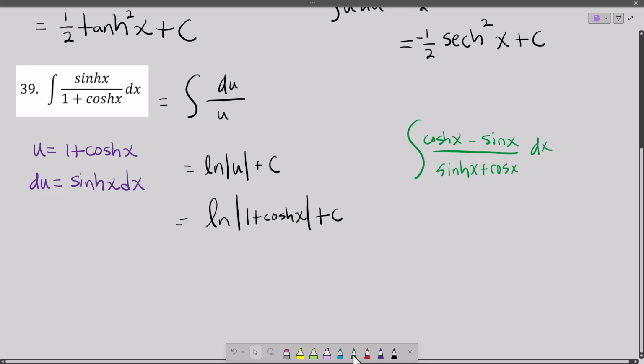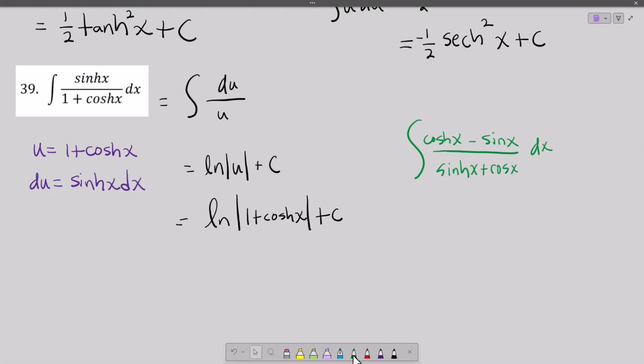we're actually done. If we recognize that it's in log form, which means the derivative of the denominator is the numerator, this will always turn into natural log of the absolute value of the denominator. Always. Because when you let u be the denominator, if its derivative is the numerator, that whole numerator is just going to turn into du.